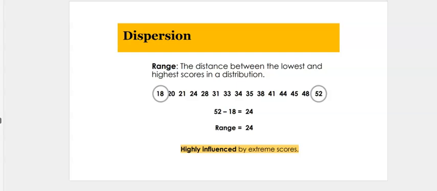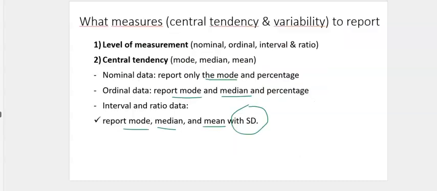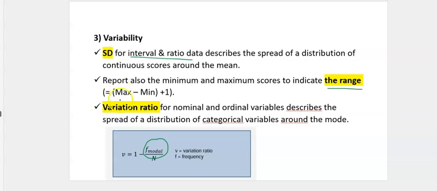Now dispersion is talking about the range. What is the maximum and the minimum? Here you can see the scores, and the maximum is 52 and the minimum is 18. So that is a range of 24. Normally the rule is maximum minus the minimum, plus 1.